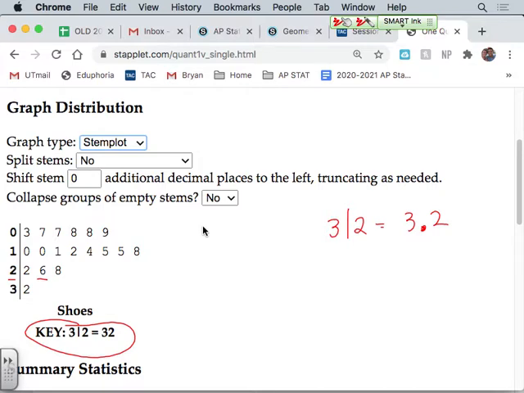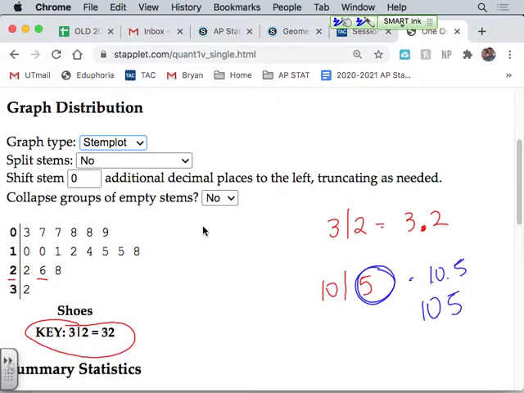Another thing is when you get into the hundreds, like let's say someone in this class had 105, I would have 10, and then it's still only 1. This side of the stem always is only one number. So if there's 2 over here, 1 over here, this could be 10.5, or it could be 105, it could be whatever you label it.